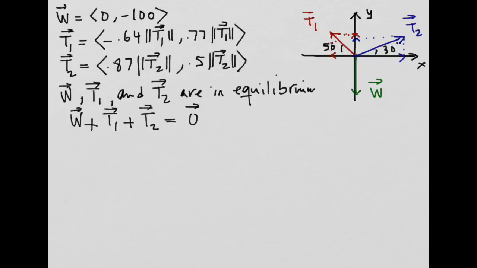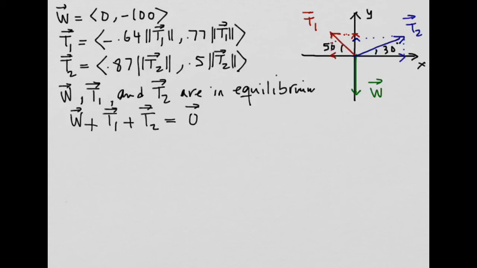When we have the vectors in component form, we simply add them by adding the corresponding components. So to find the left-hand side of my vector equation, I'm simply going to add the x components of the three vectors, and then add the second component, or the y component, to get the second component of my left-hand side.